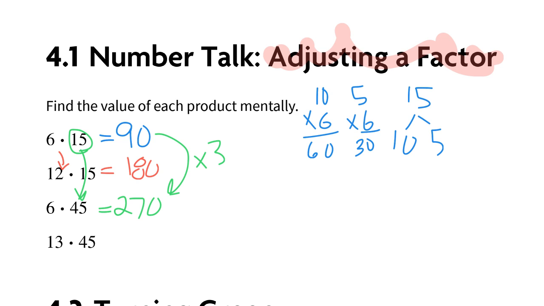And then lastly, what might we do to get 13 times 45? Well, we know 6 times 45, so we can get 12 times 45 simply by doubling, and then we have to add in an additional 45. There's a variety of ways we can use these 3 previous answers to get this one. I'm going to leave that for you to struggle with.